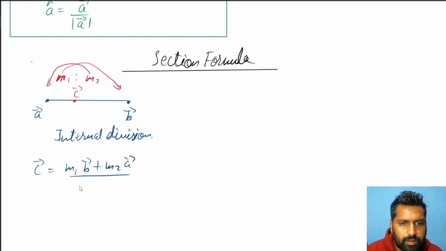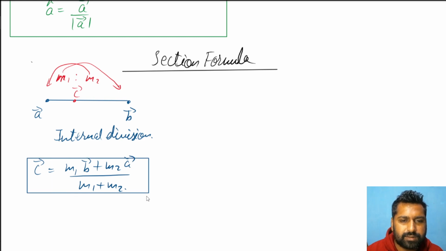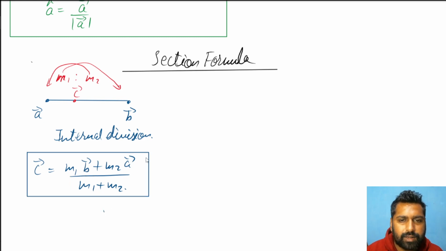So upon M1 plus M2. You may be able to recall this with the x coordinate, M1 x2 plus M2 x1, something like this. Again, try to relate it, it's easier that way.